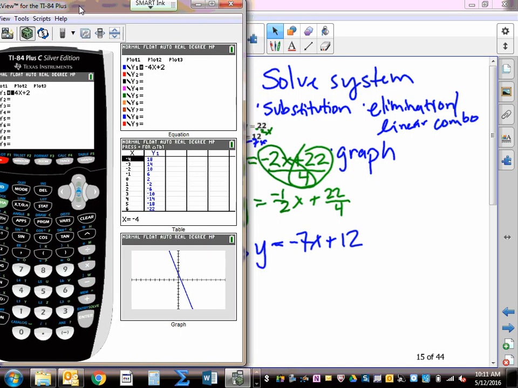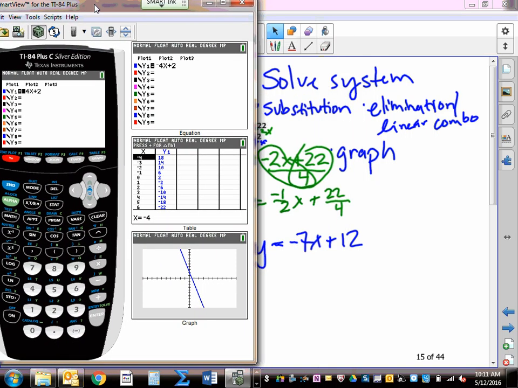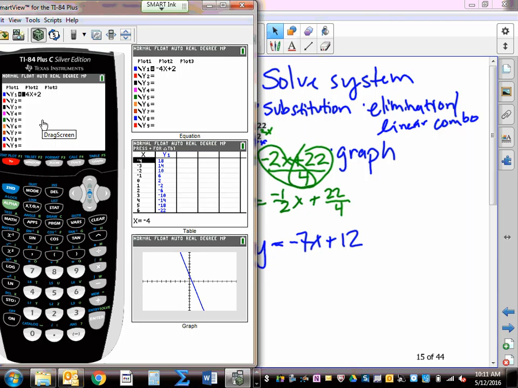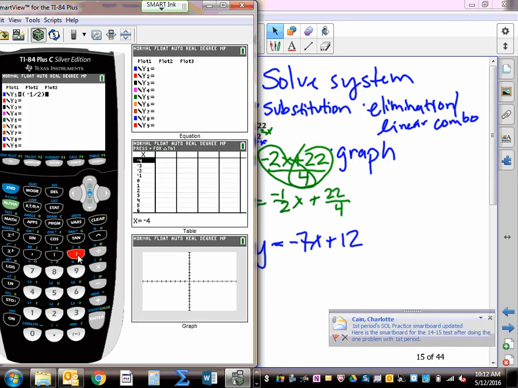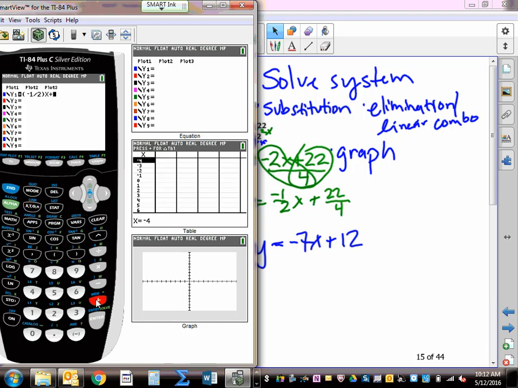And again, make sure you hit clear to clear out your equation. Okay, so I have put all fractions in parentheses. Negative 1 divided by 2 times x plus parentheses 22 divided by 4. Okay, so that's my first equation. My second equation, negative 7x plus 12.